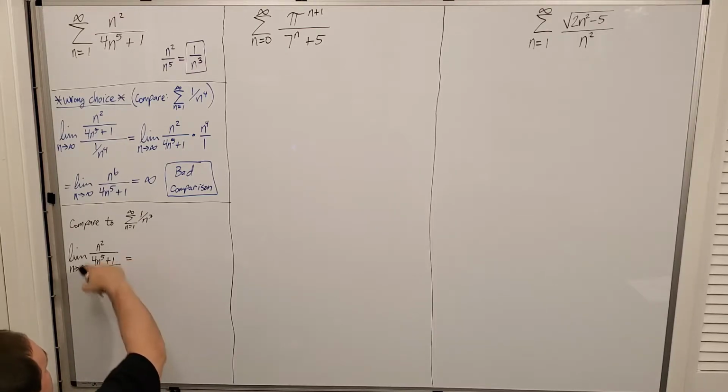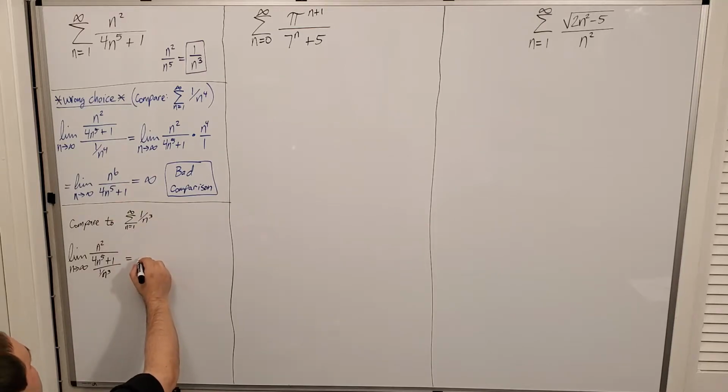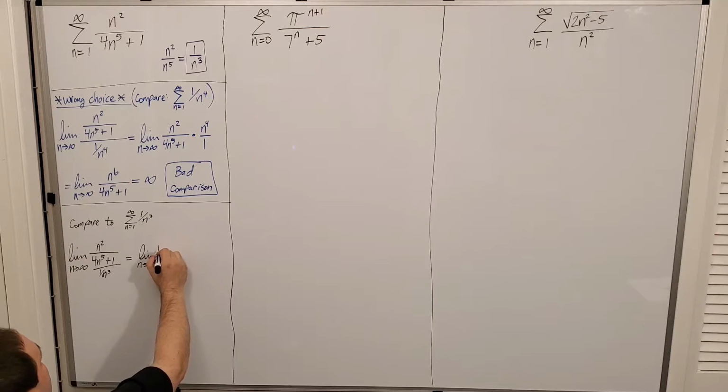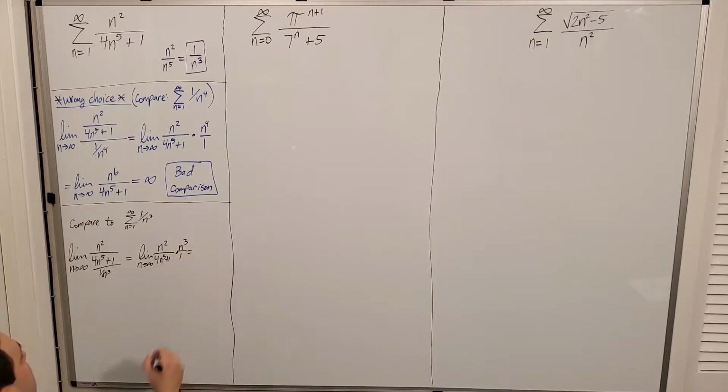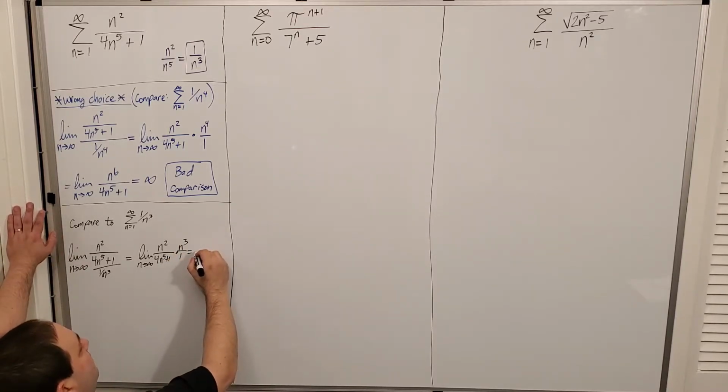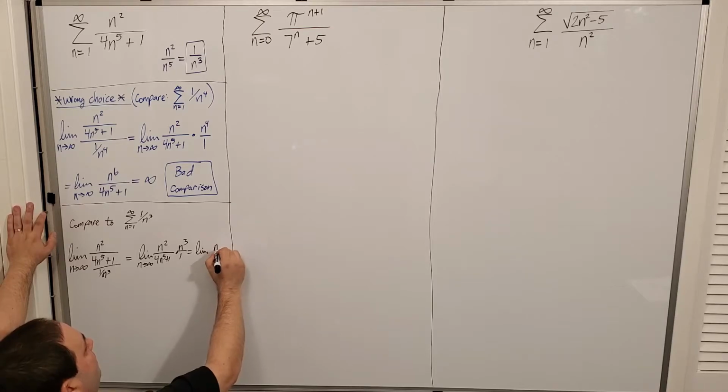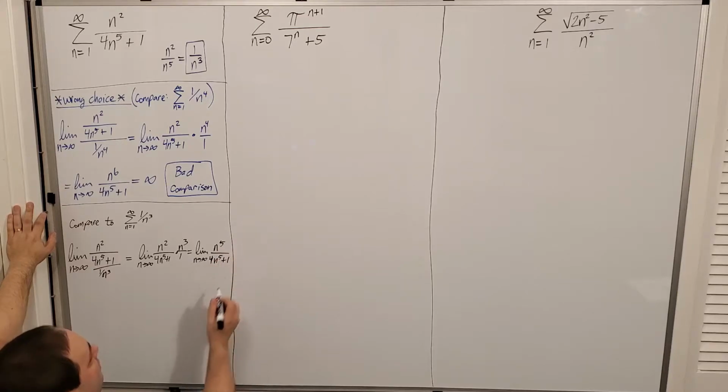And of course, same kind of simplification as earlier. I'll get a limit as n goes to infinity of n squared over 4n to the fifth plus 1 times n to the third over 1, which is going to be my limit of n to the fifth over 4n to the fifth plus 1.